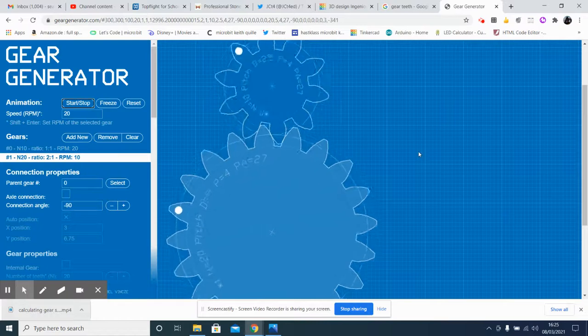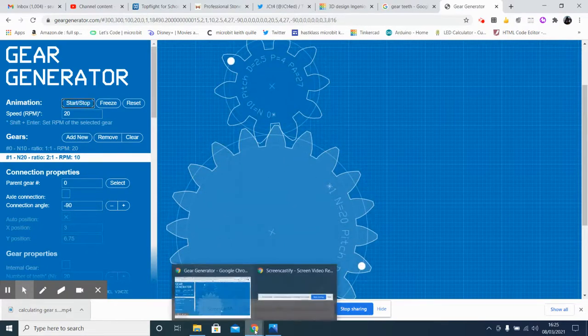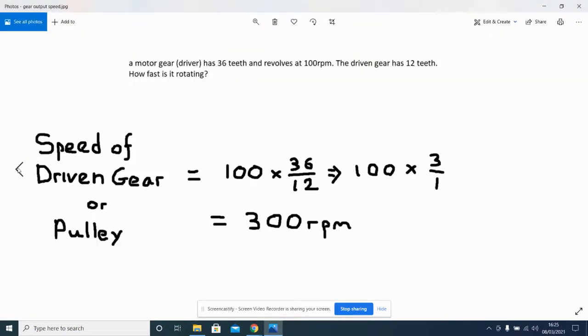Now let's have a look at the other question here, looking at working out the speed of the output gear. For this one, we need the speed of our input, our driver.